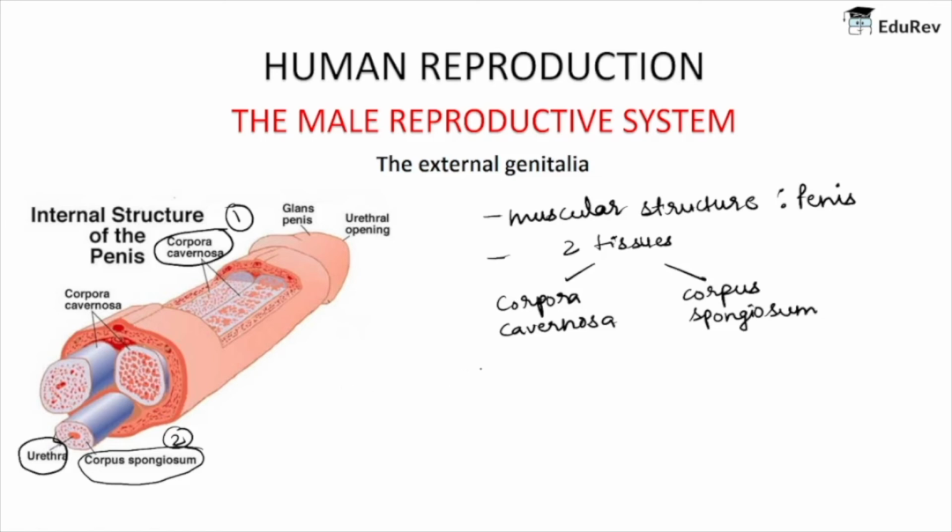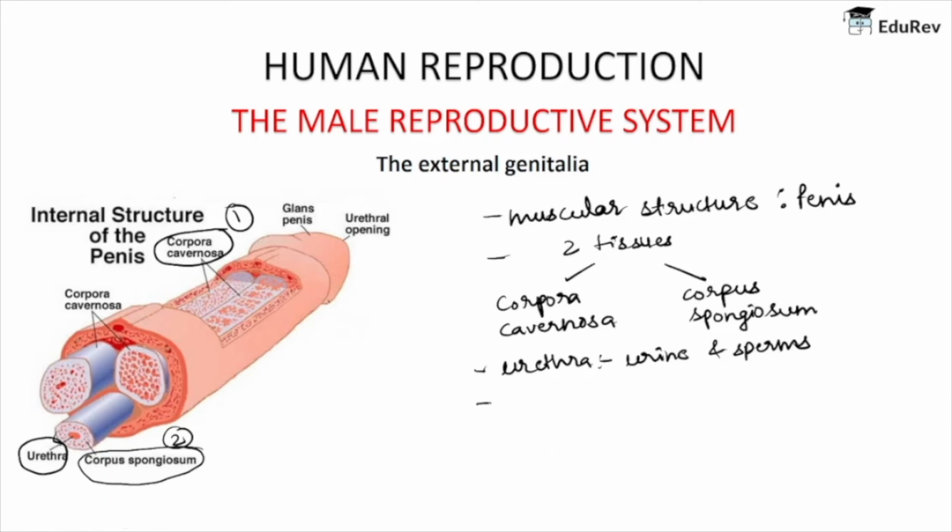And what is the function of the urethra? The urethra helps in the passage of urine and sperms. Yes, it helps in the passage of urine and sperms.